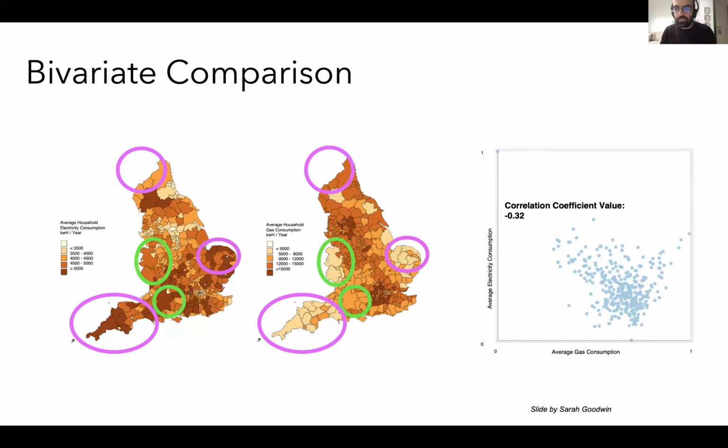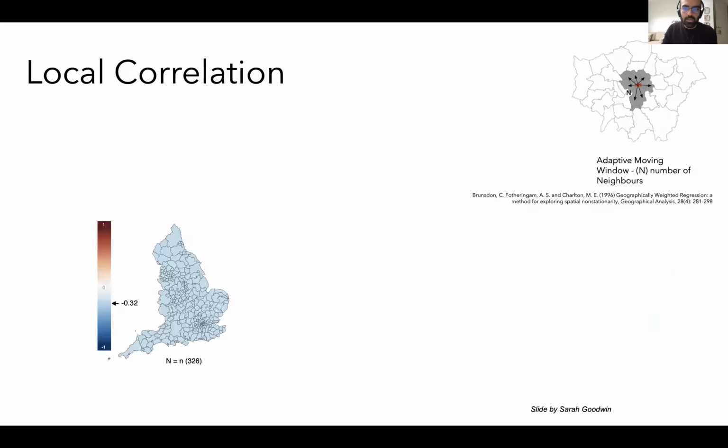It's -0.32, and that is the measure that tries to capture that bivariate relationship. If you then put this on the map as -0.32, because that's a single value, what you're claiming is that the relationship is the same everywhere. But we've already seen that it's not the case. That's a phenomenon that varies depending on where you're looking.